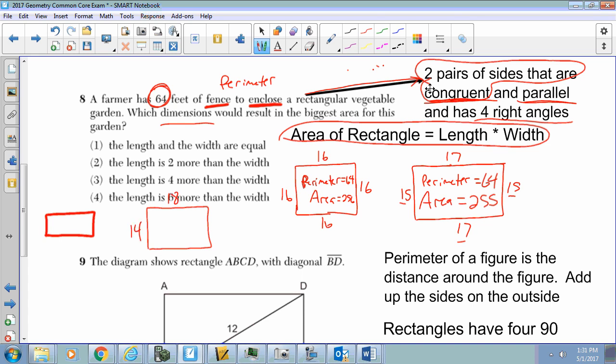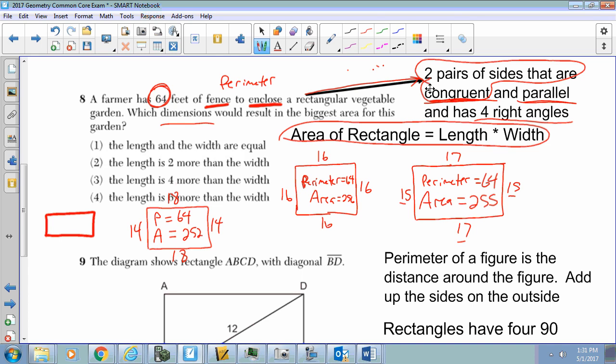Because if you add those all up, you still have a perimeter of 64. So your perimeter has not changed. However, the area that is enclosed has changed. You have to do 14 times 18. So the area is equal to 252, it looks like.